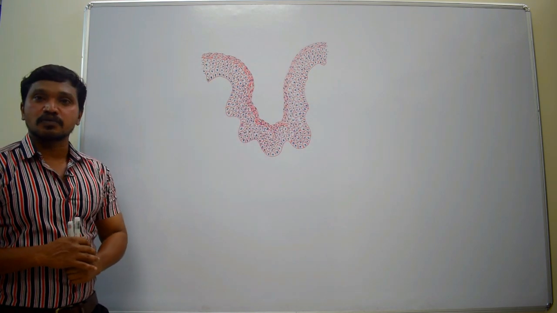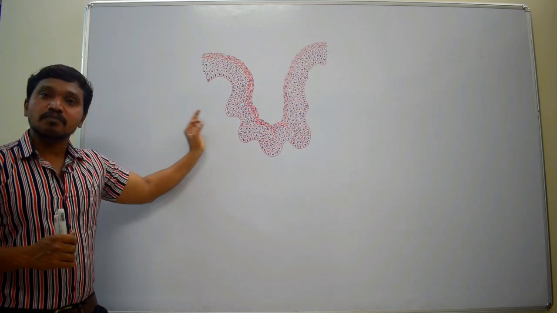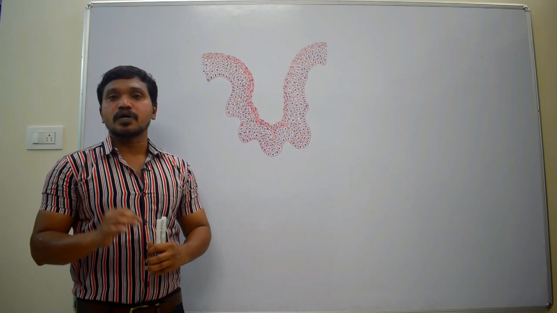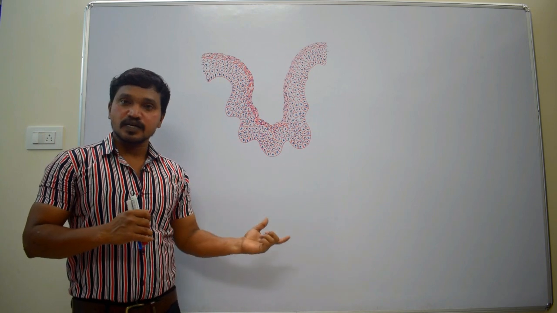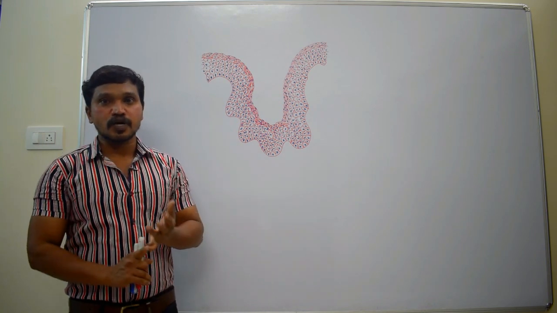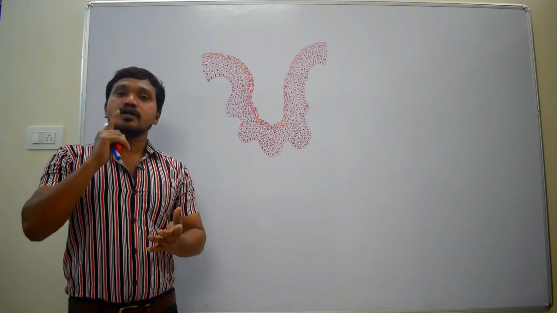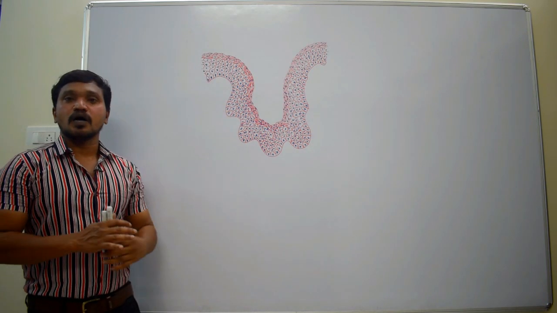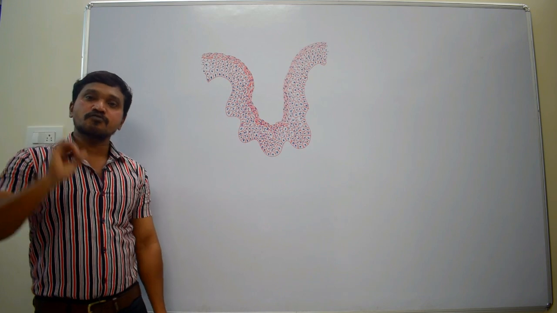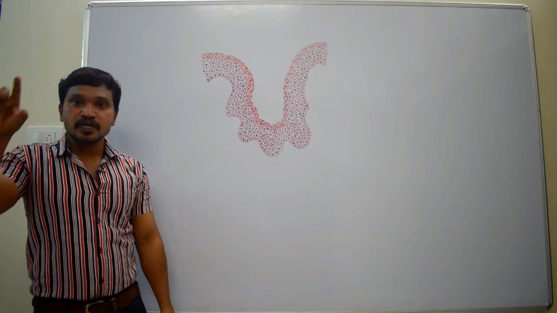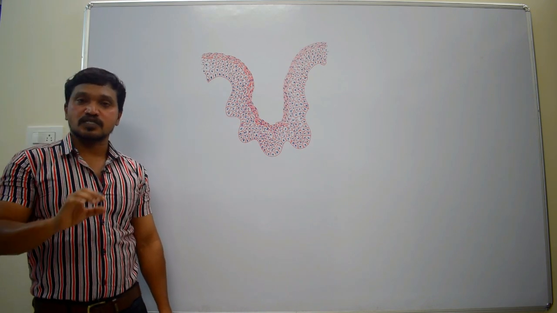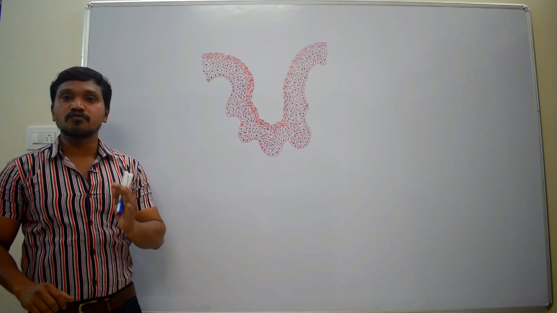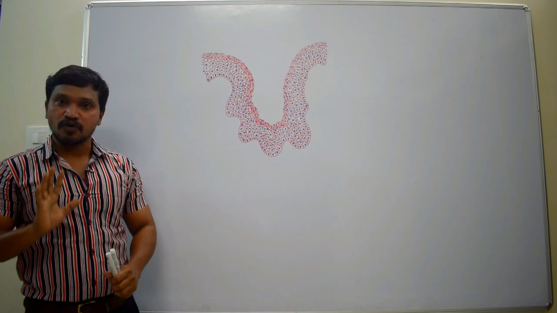Below the lining epithelium, we can find the lamina propria. Lamina propria is made up of connective tissue. Within the connective tissue, we can find connective tissue fibers, connective tissue cells and ground substance. Along with that, within the lamina propria, we will find diffuse lymphoid tissue and also some spherical aggregations of lymphocytes, which we call lymphatic follicles.